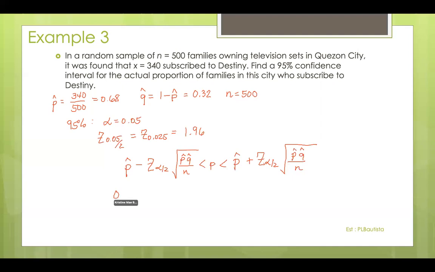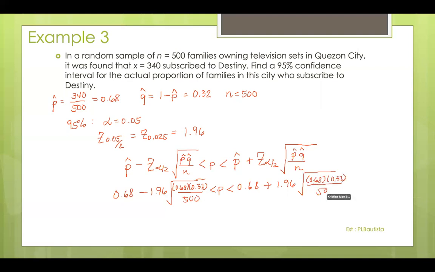So you will have 0.68 minus 1.96 times the square root of 0.68 times 0.32 over 500, and 0.68 plus 1.96 times the square root of 0.68 times 0.32 all over 500.